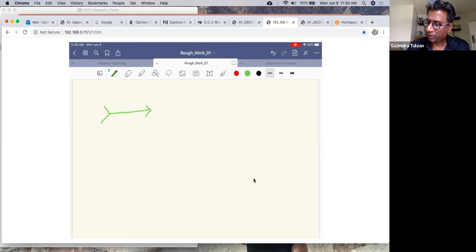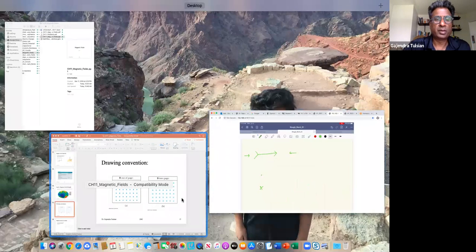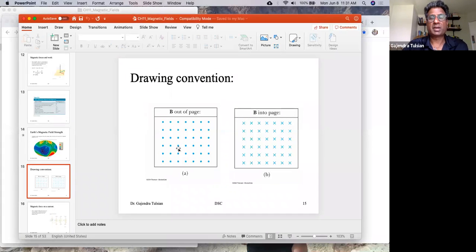When you're looking at the head of the arrow, what you see is a point. If you're looking at the tail of the arrow, what you'll see is a cross. So if the magnetic field is coming out of the paper, that's how we indicate it. And the magnetic field into the paper is when you're looking at the tail of the arrow. That's how that's indicated.